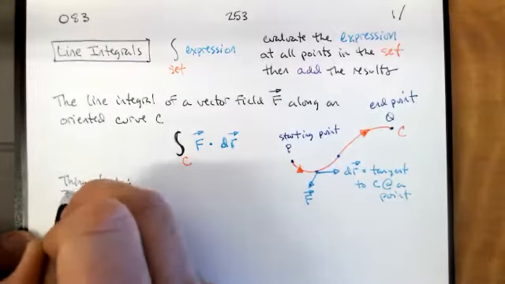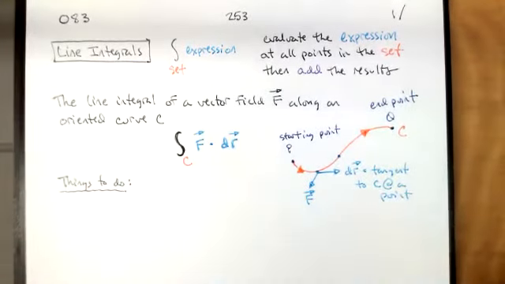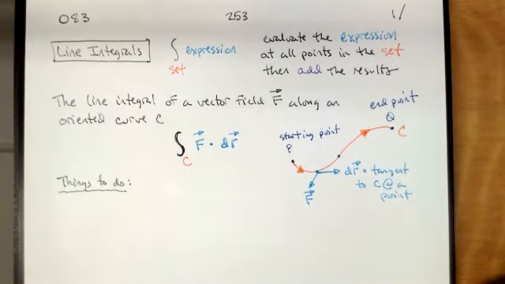Here are the things that we're going to need to make this make sense. Here's our to-do list. First of all, we need some examples of vector fields. It's easy just to say at every point we have a vector. What are some examples of vector fields?